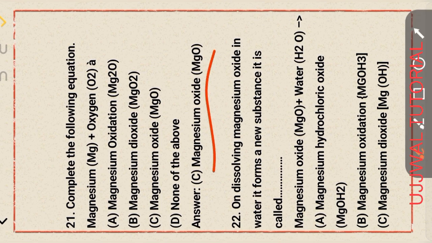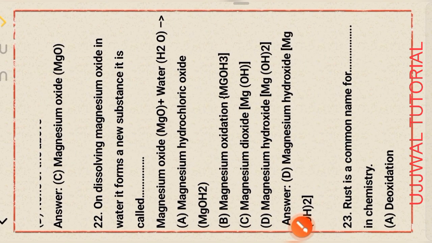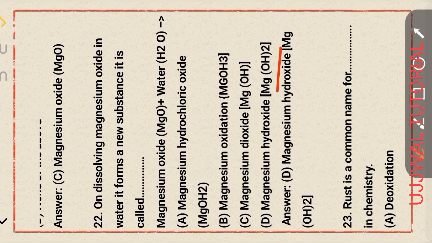Next question, on dissolving magnesium oxide in water, it forms a new substance. It is called, that is the option D, magnesium hydroxide. Mg(OH)2. Okay.